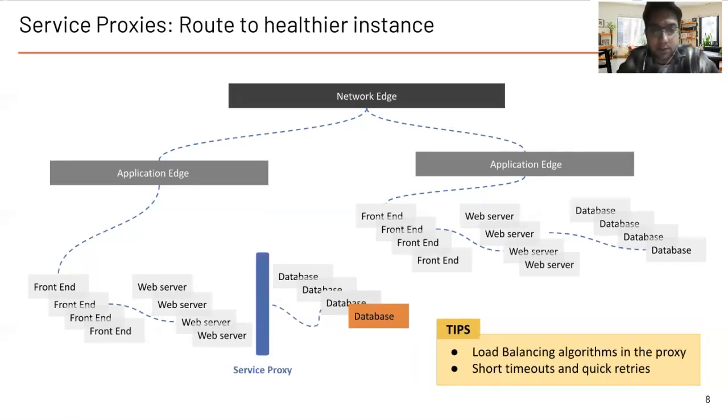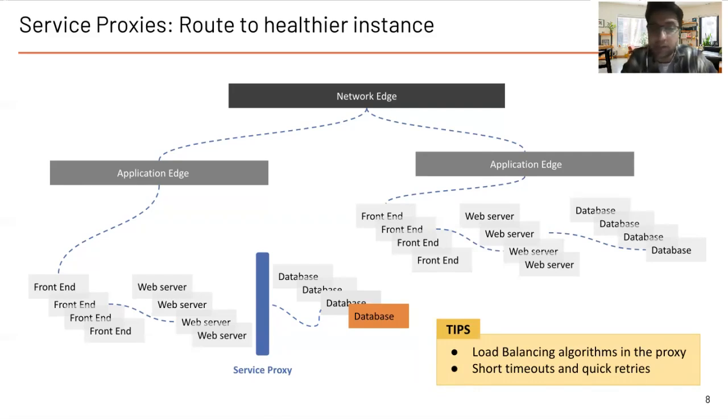Let's say you have a specific service instance down on a given node, right? Could be database, could be web server, could be front end. Just take one. So the approach in this resilient network is to have a service proxy next to each service, or an application proxy in front of the entire application, which can detect that a given instance is misbehaving.